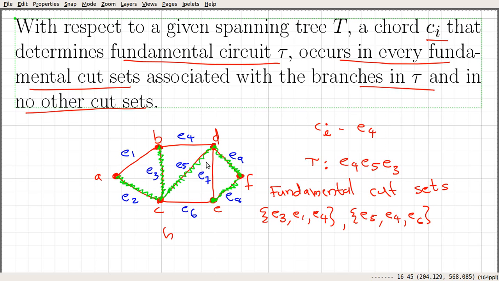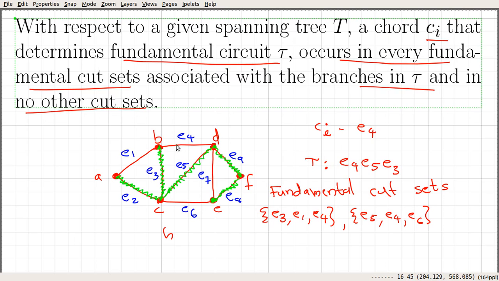With respect to this spanning tree, the chords are E1, E4, E6 and E7. Okay, so let's take one chord to be equal to E4. So let this chord Ci be E4. Let's consider this chord and the fundamental circuit that is determined by that chord.